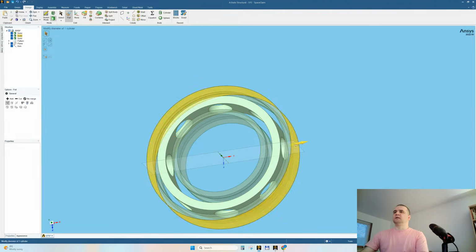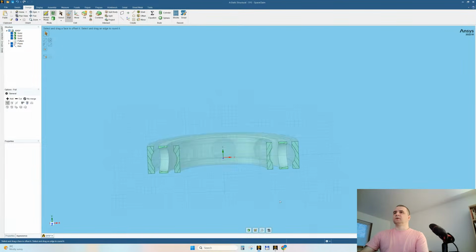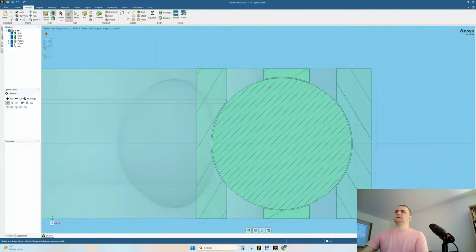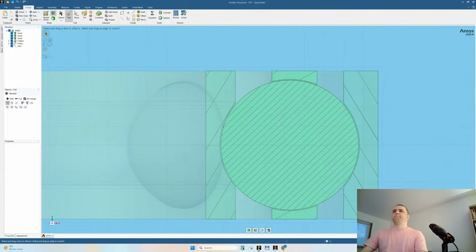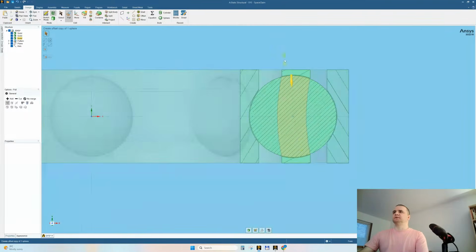Yes. And if we look in section mode, look how they appear. Right click, show all. You see, these are the allowance or the gaps. Now, according to my taste, the allowance or the gaps is too big.